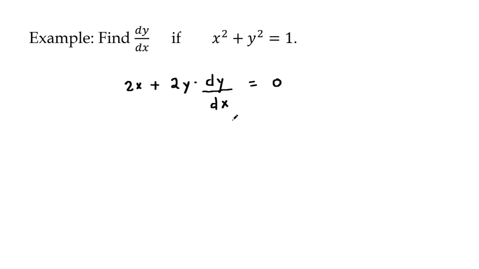Okay, now we want to solve for dy dx. So subtract 2x from both sides. Then divide by 2y.